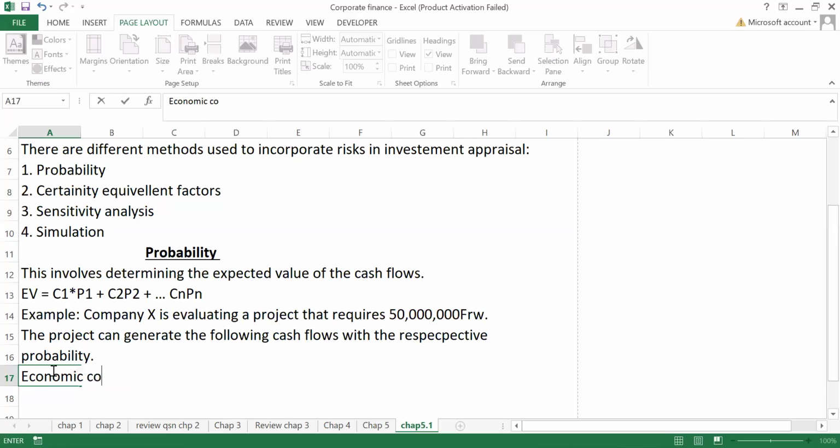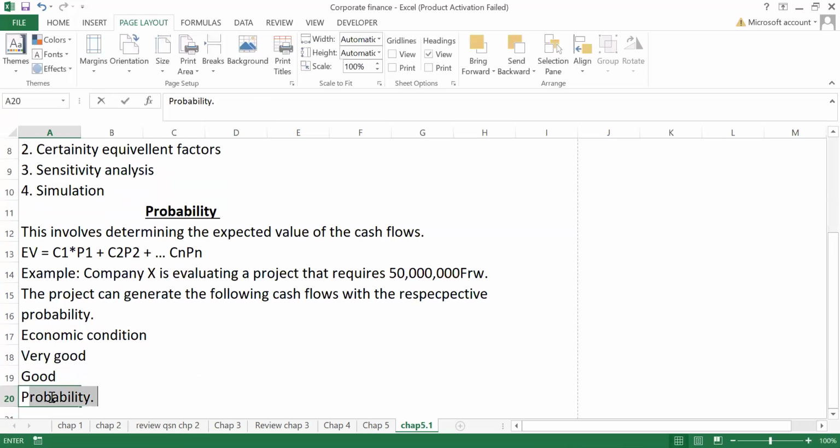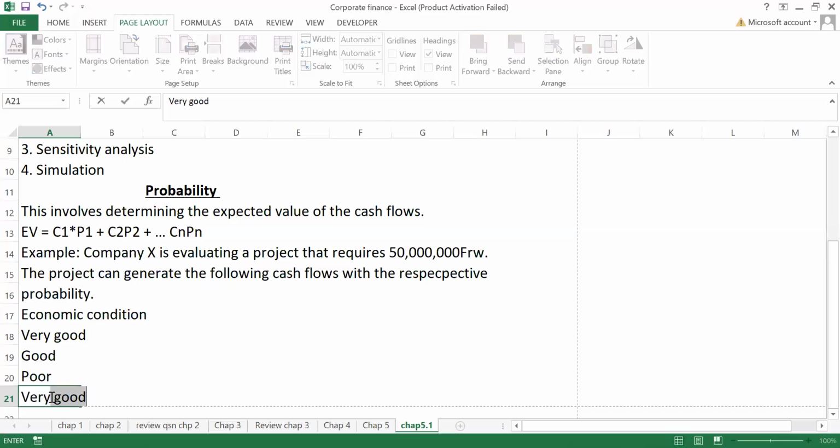Economic conditions can be very good, they can be good, they can be poor, and they can be very poor.